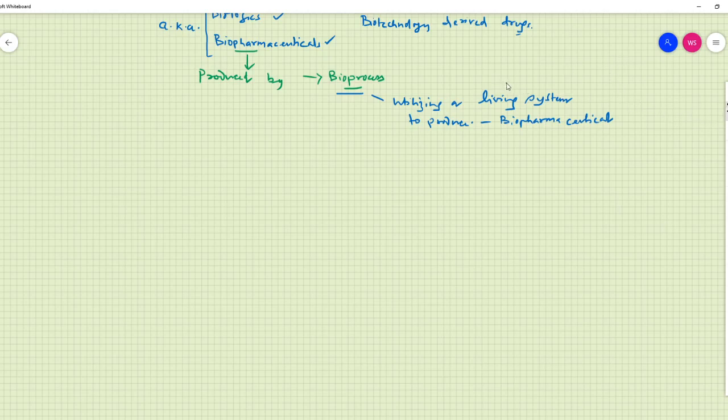So now the question is, what is a living system? A living system can be cells, they can be tissues, they can be organs, or an organism itself.